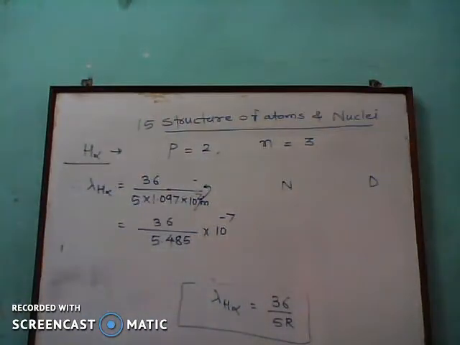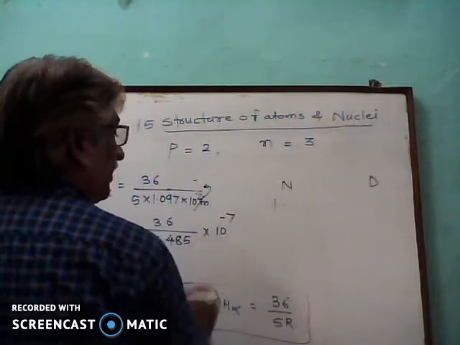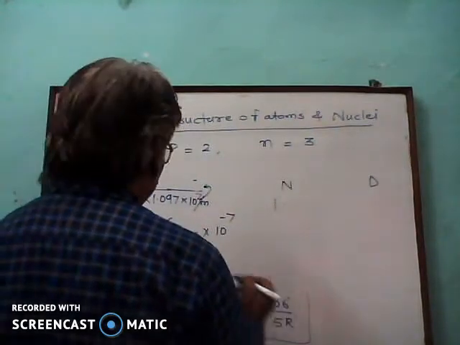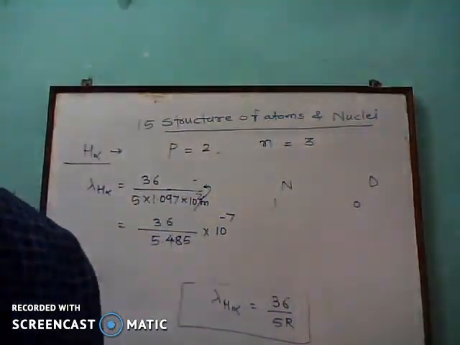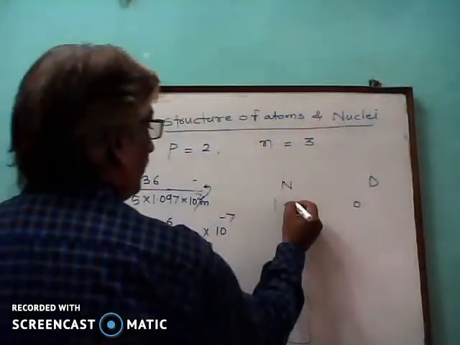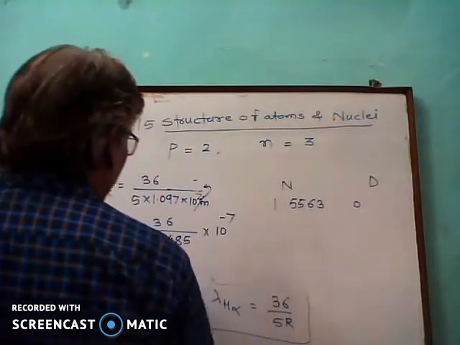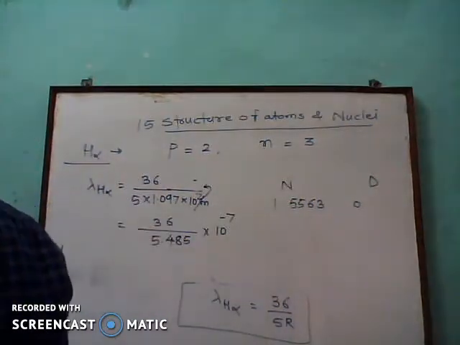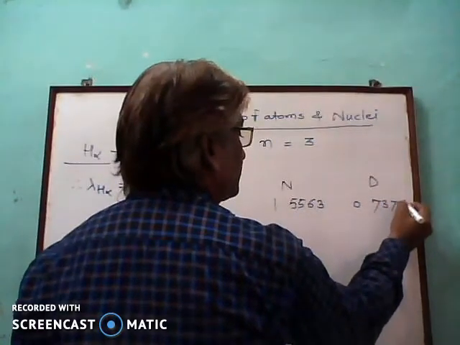The denominator has the value 5.485. If we take the log of 36, the characteristic is 1 and the value is 1.5563, and for 5.485 it will be 0.7376.